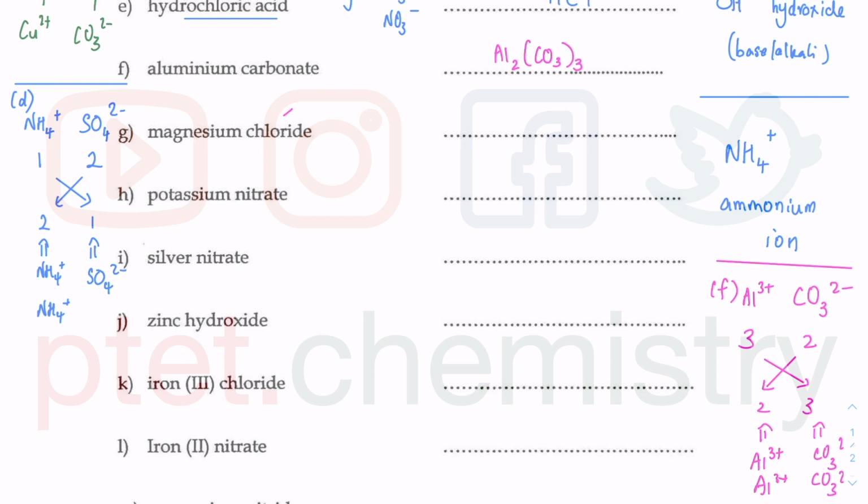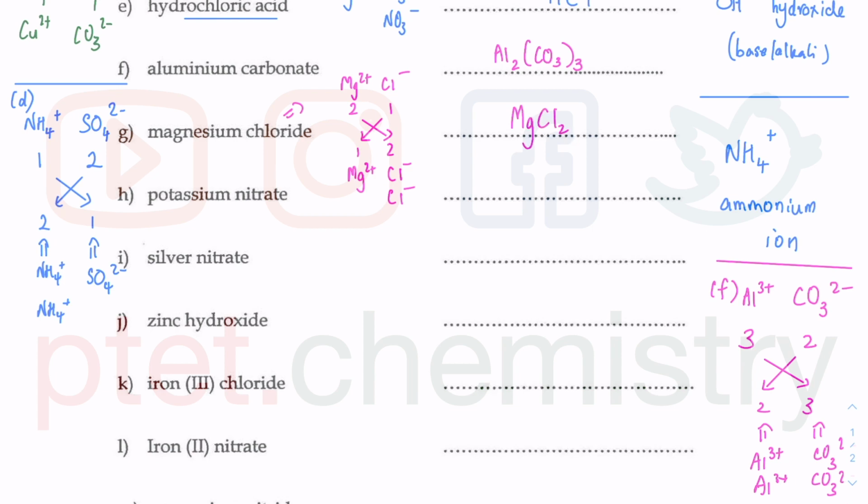Magnesium chloride, so I have Mg2 plus and Cl minus, 2 and 1 following the charges, but don't forget you must cross multiply before you get the final formula. So this means 1 Mg2 plus and 2 Cl minus. Minus 1 times 2 gives you minus 2, cancelling out the plus 2 charge: 1 magnesium, 2 Cl minus.